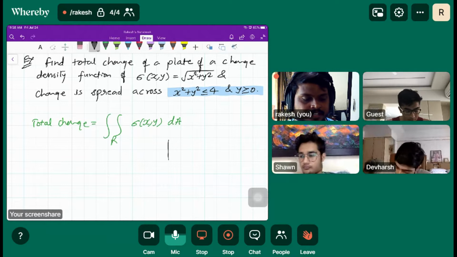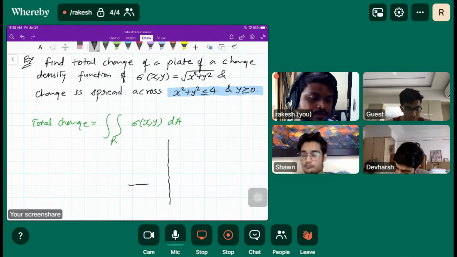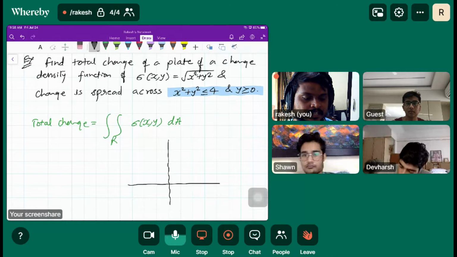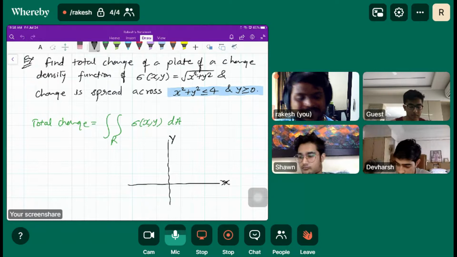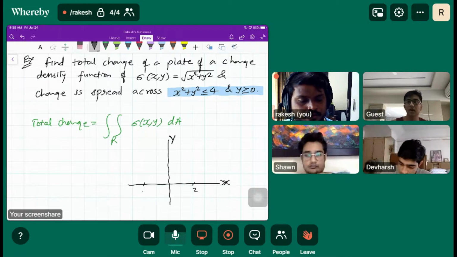So our region is, this is x, this is y. X square plus y square equal to 4 is a disk, since it's less than. So the radius is 2, and theta goes from 0 to pi.